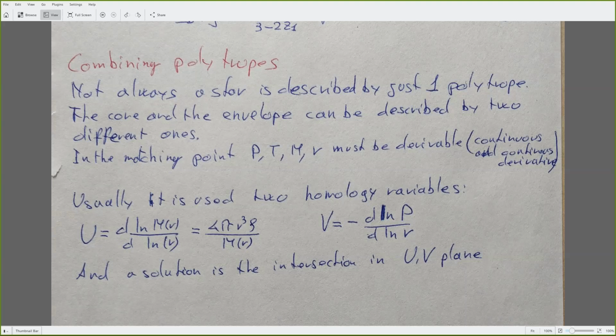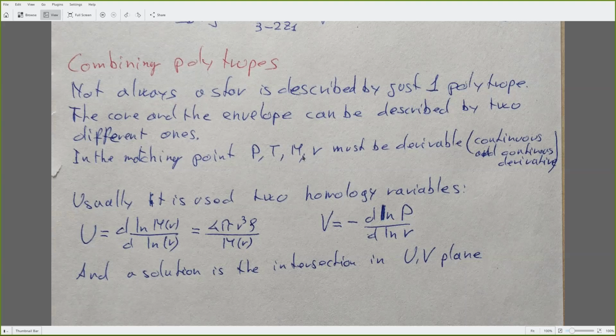You combine the polytropes. You don't have a star with just one. You create one polytrope for each part. Then you need to connect all these solutions. At the matching point, it is important that you have continuity for the pressure, the temperature, the mass, and the radius.